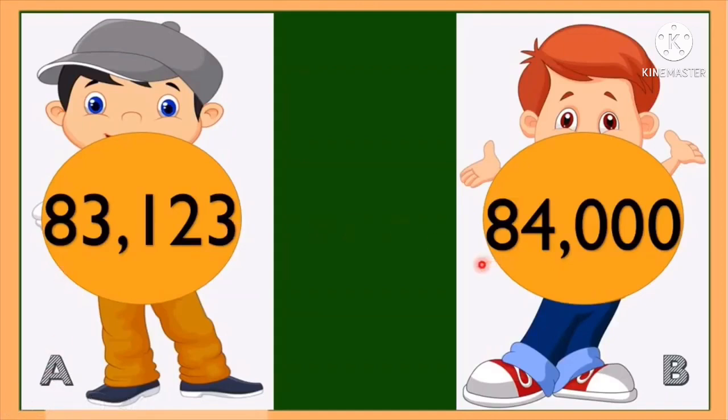So we need to see if the two numbers are the same or not. The 10,000s place here is 8. On the other one, we also have 8. So they are the same. So what we're going to do is we will move to the other digit, right? On its right side. So we have here 3, on this side is 4. 3 and 4. Now, which is greater?